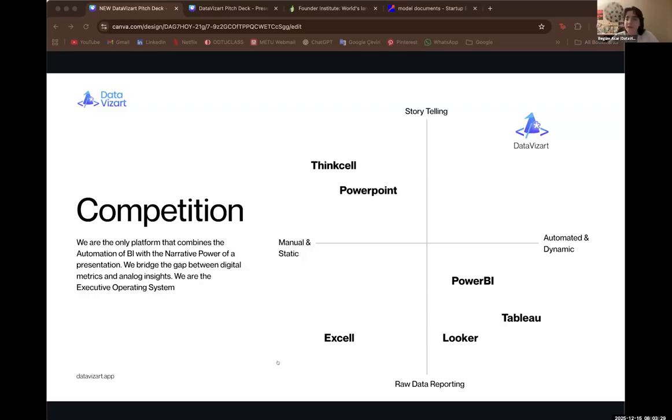Well, actually, they are really good tools, but the main thing that they lack is storytelling. The storytelling, I'm implying, is the why this happens. Tableau and Power BI just tell you this happens.